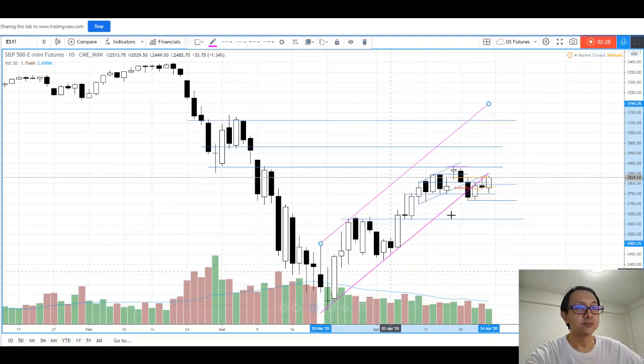When we draw a channel here, this is the demand line and this is the overbought line. If the price fails to touch the overbought line, it means that there is some kind of momentum losing here and there. So this is one of the reasons.